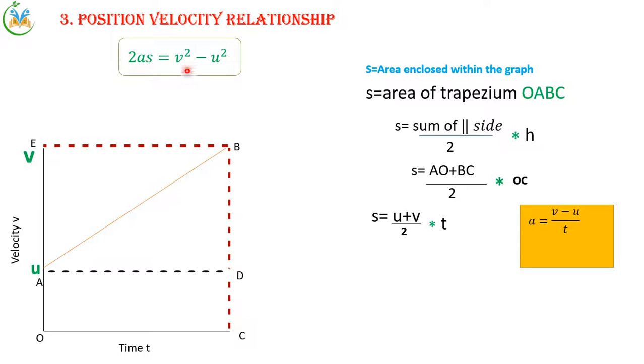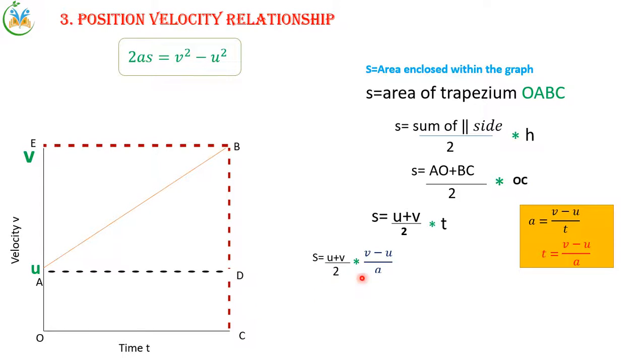So we are going to replace time using the formula acceleration equals V minus U divided by time, or you can say time equals V minus U divided by A. We are going to put this value in place of t. So see, S equals U plus V divided by 2 into V minus U divided by A.